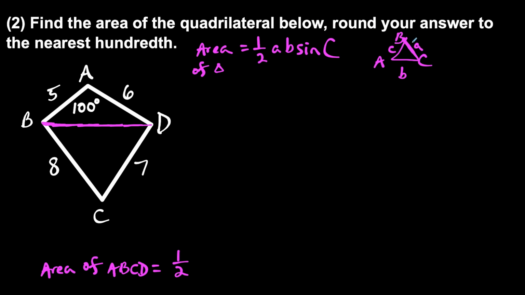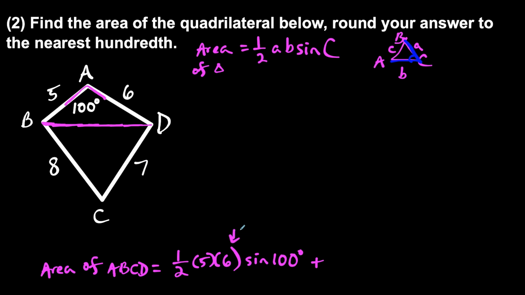So if we look right here, you can see side a, side b, and angle C make a side-angle-side connection. So when I'm finding the area of this top triangle, notice the side-angle-side connection is 5, 6, and 100 degrees. So it'd be 1/2, I would have 5 times 6 times sine of 100 degrees. But now what we're going to do is add the area of triangle BCD.